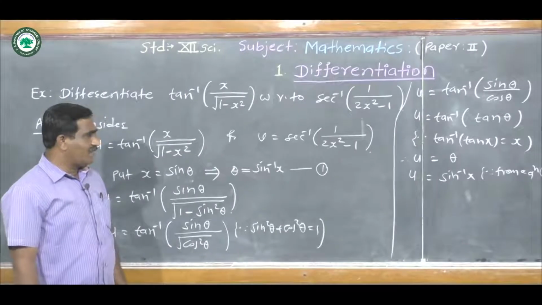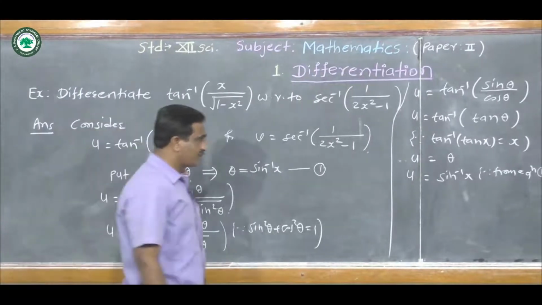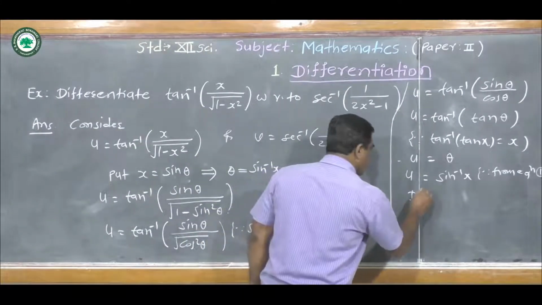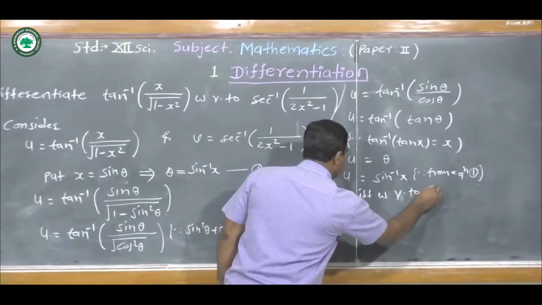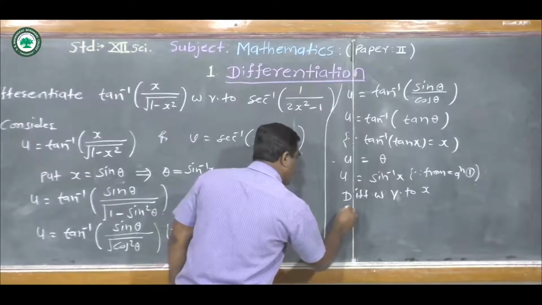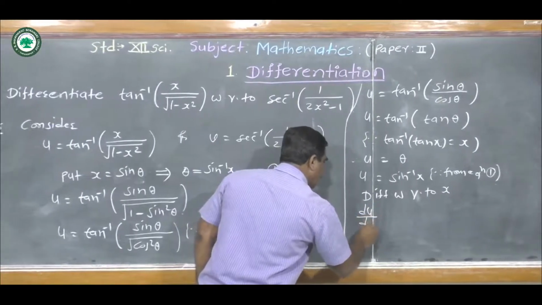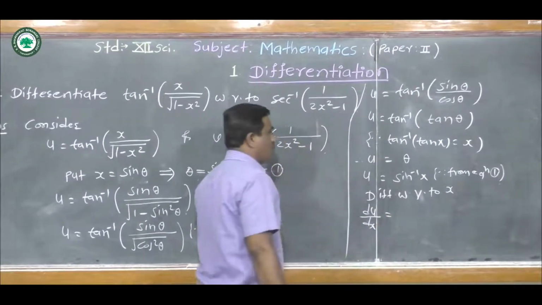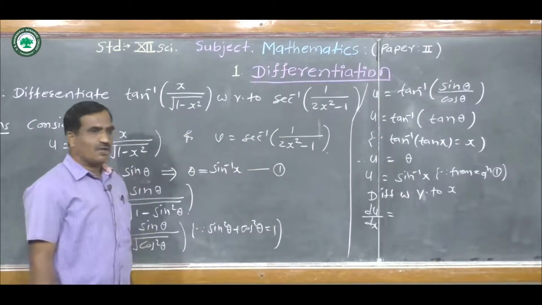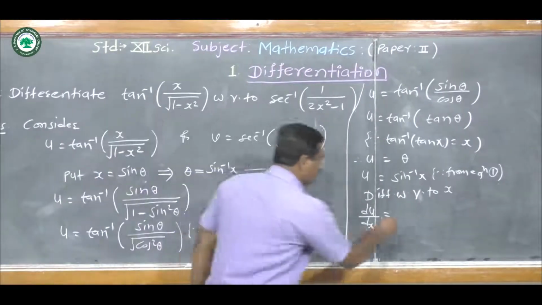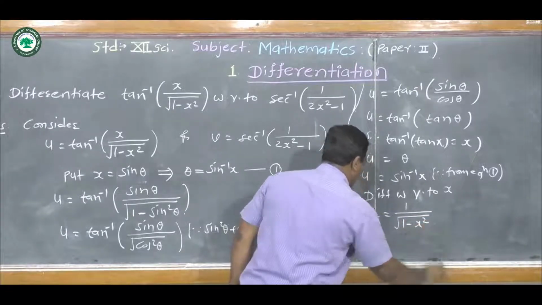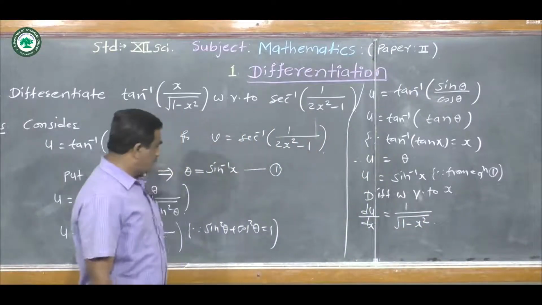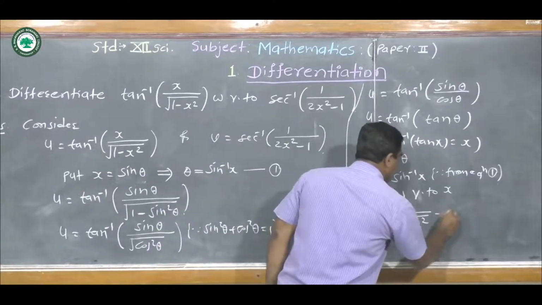Now differentiate this equation with respect to x. Therefore du by dx equals the derivative of sin inverse of x, which is 1 upon under root 1 minus x square. So this is equation number 2.